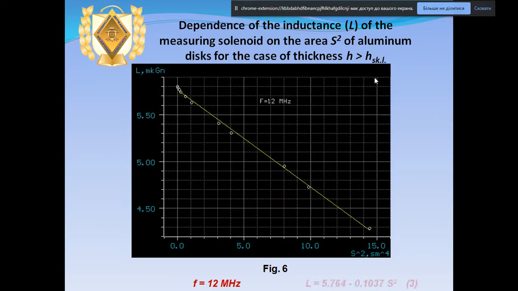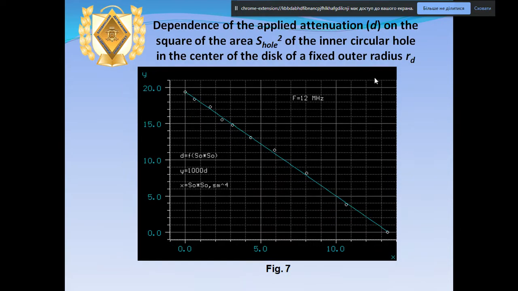Formula 3. In the absence of a skin effect, the radial distribution of eddy currents in the aluminum disc can be studied by measuring the dependence of the input attenuation on the area of a round hole in the center of the disc.